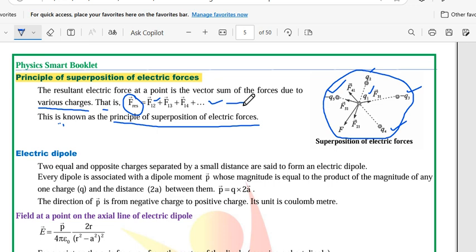You can note it down. Dear students, I hope you have got the concept of the principle of superposition of electric forces.